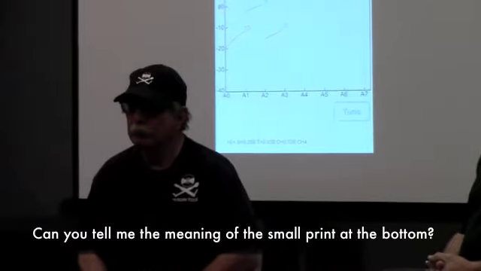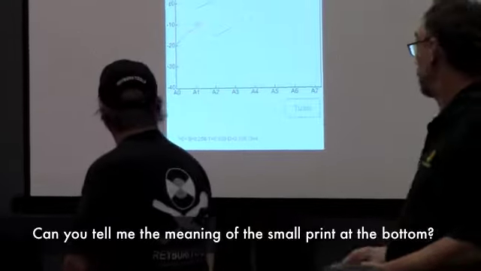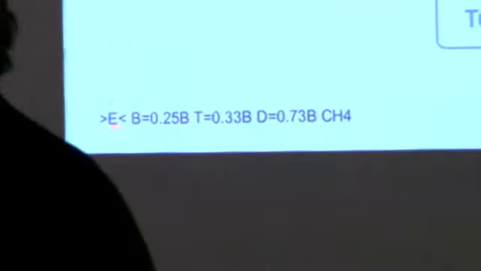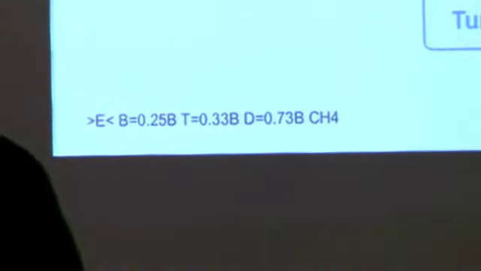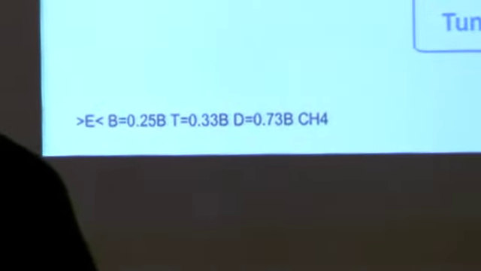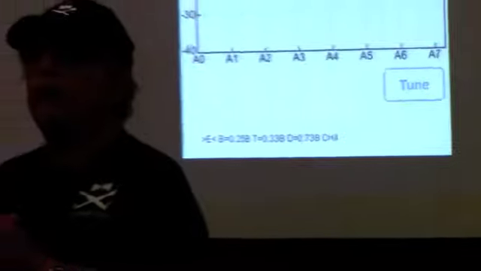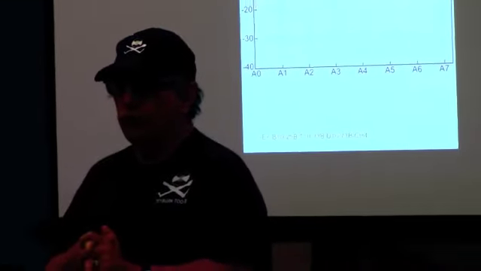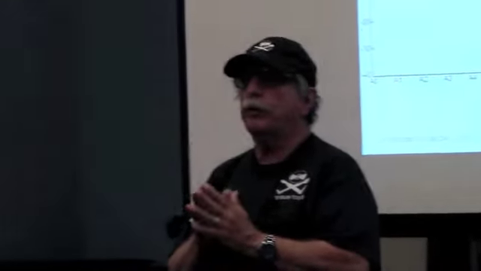Could you tell me the meaning of the small print in the file? Yes. That's called the header. In all the numeric tuning styles, we create a tuning based on oral principles. Just like if you were doing it orally, you might set the A3 to A4 octave as a temperament octave, set the A2 to A3 octave as a temperament octave, and make sure it fit within the A2 to A4 double octave.